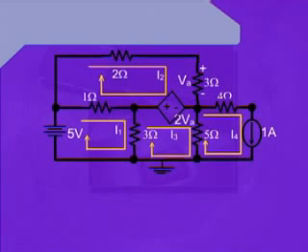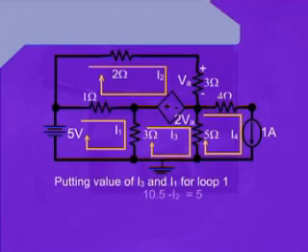Putting the value of I3 in the equation for loop number 1, we can write 10.5 minus I2 is equal to 5. Or simplifying it, we can further write 10.5 minus 5 equals I2. Therefore, I2 is equal to 5.5 amperes.